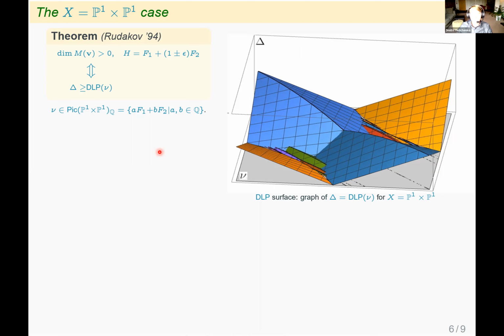On the one hand, your character can be positioned strictly above the DLP surface, or it can be positioned on a single branch of the DLP surface, so maybe somewhere here. And then there's going to be a single associated exceptional bundle given that branch. Or in fact, it can be positioned at the intersection of 2 branches, so somewhere here along this line. Then you'll actually have 2 associated exceptional bundles, one for the left branch, so somewhere here, and one for the right branch somewhere underneath here.